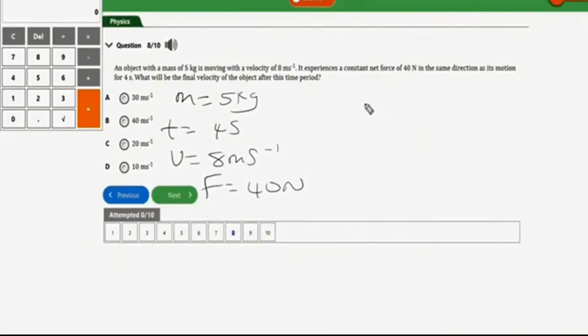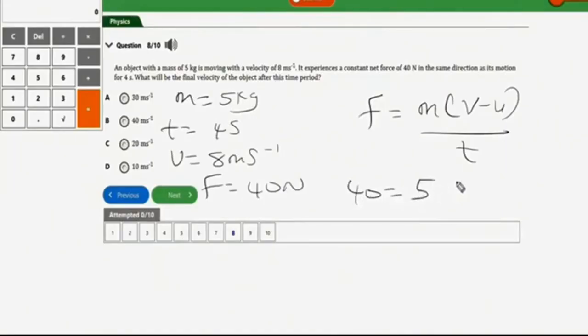newtons. So we're going to apply this formula for Newton's second law of motion. F equals change in momentum over time, m(V minus U) over t. Let's plug in the values. Okay, so it will be 40 equals our mass is 5 in brackets.